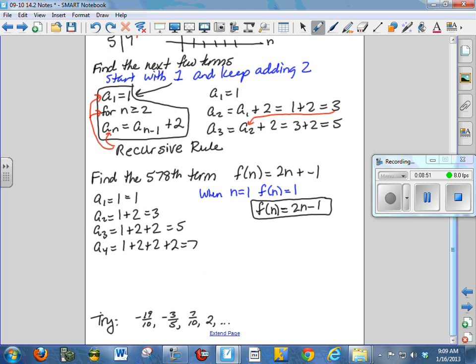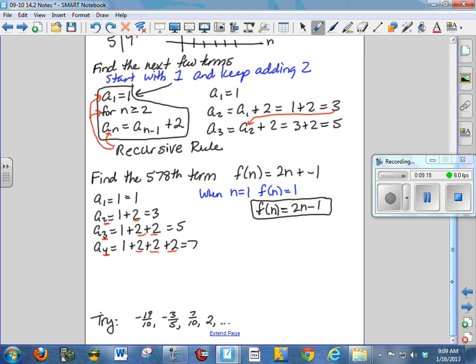So notice the relationship between the subscript here, the term number, and how many 2's I add. If I'm on the second term, I'm only adding 2 one time. If I'm on the third term, I'm adding 2 two times. If I get to the fourth term, I add 2 three times. The first term, I don't need to add 2, so I add 2 0 times.